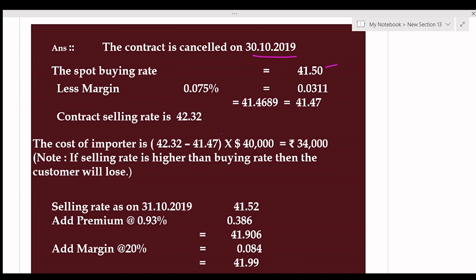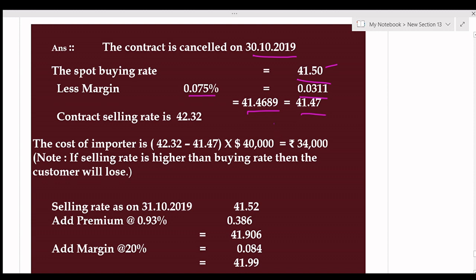That is, the spot buying rate is 41.50. Less, for the buying rate, the margin will be deducted, that is 0.075%, 0.0311, and it will come to 41.4689, which is equal to 41.47.